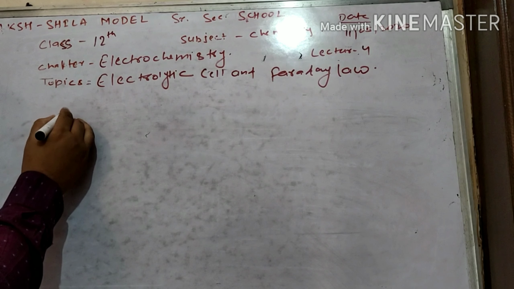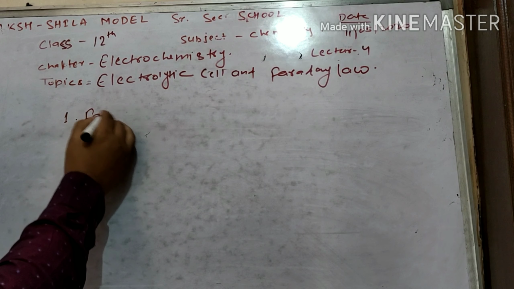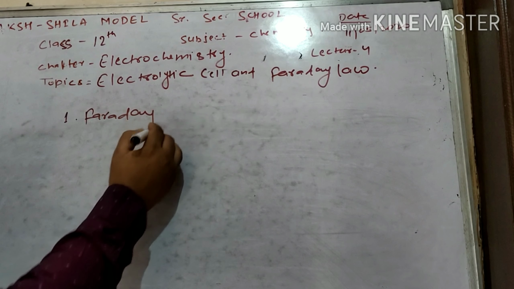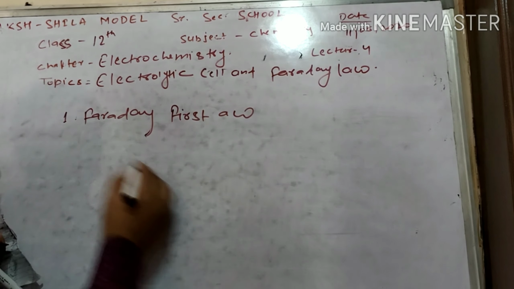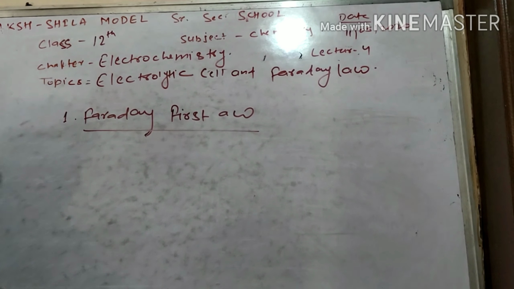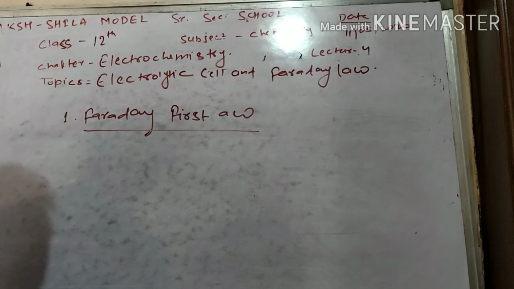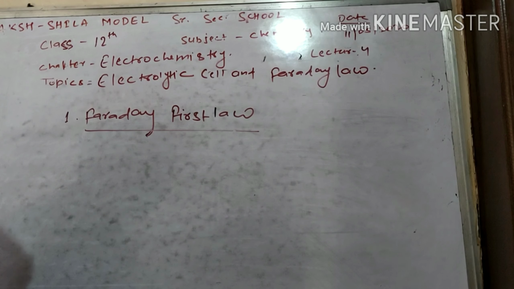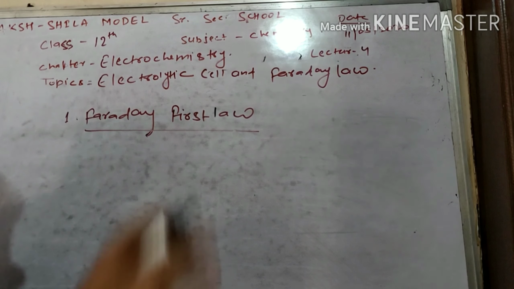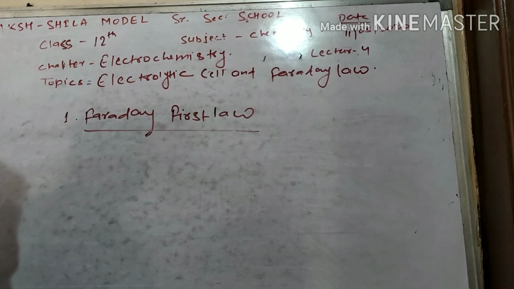So the first law is Faraday first law. According to Faraday first law, the amount of substance deposited at any electrode is directly proportional to the charge flowing through the circuit.